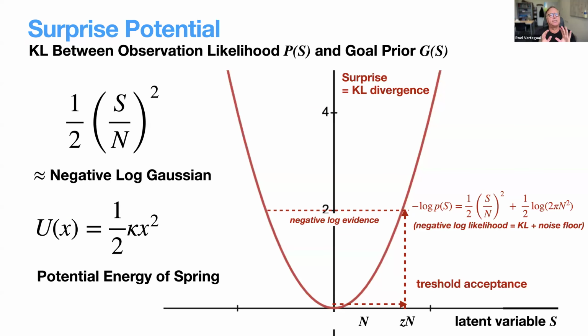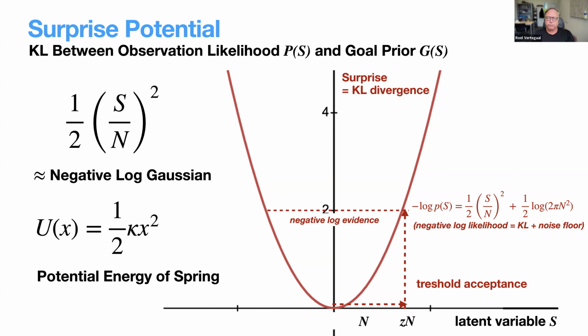Now, this is called the surprise potential. So it gives the KL between the observation likelihood and the goal prior. What's interesting about that is that it's also exactly the same form as the potential energy of a Hookean spring. And you see how these two equations are similar on the left.